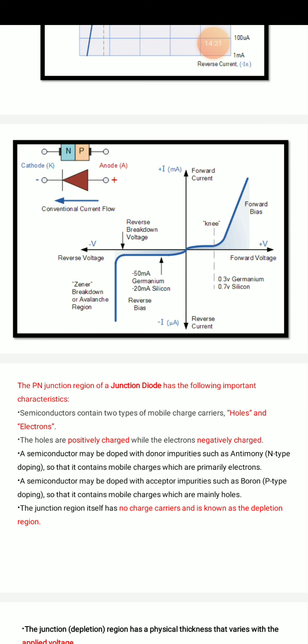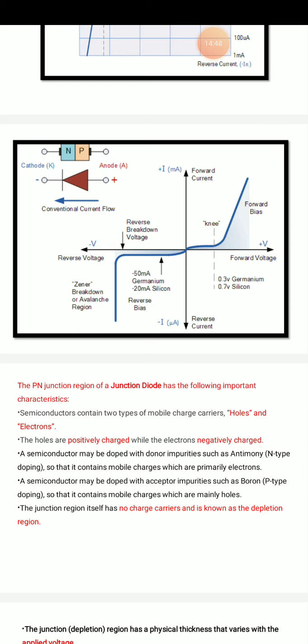On the x-axis we see the forward voltage and the reverse voltage on that side, and on the y-axis the forward current and the reverse current. First we will see the forward voltage and forward current, that is IF in milliamps and forward voltage in volts.